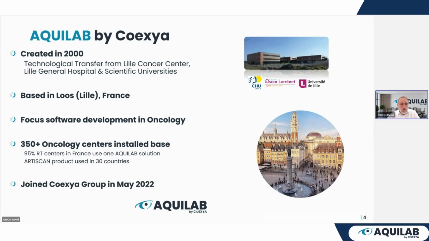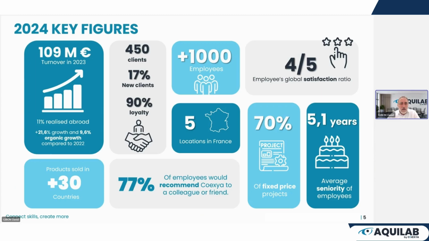To continue to grow and to develop our solutions, we joined the Coexia group in May 22, and just to give you a few elements of the Coexia group. Coexia group is more than 1,000 employees. We have 5 locations in France and a turnover over 100 million.